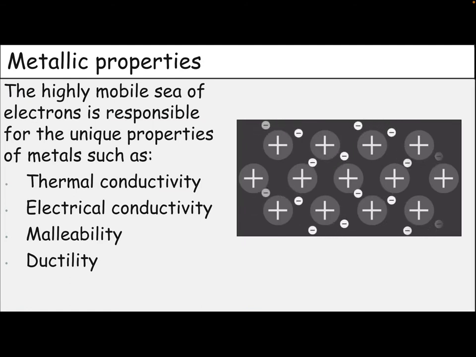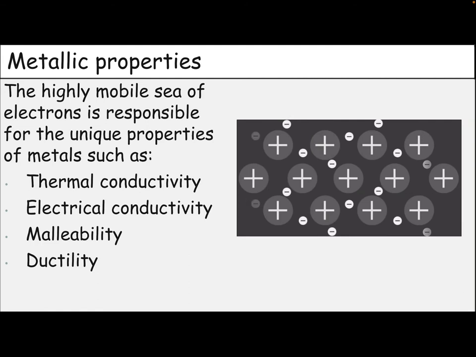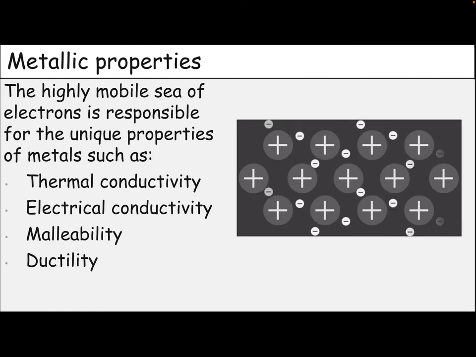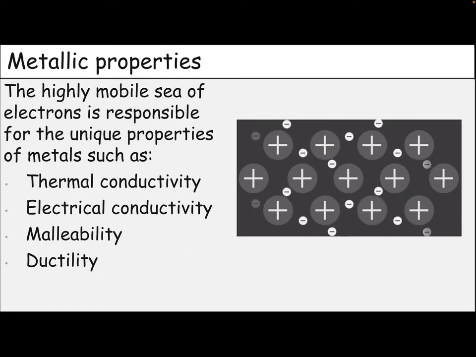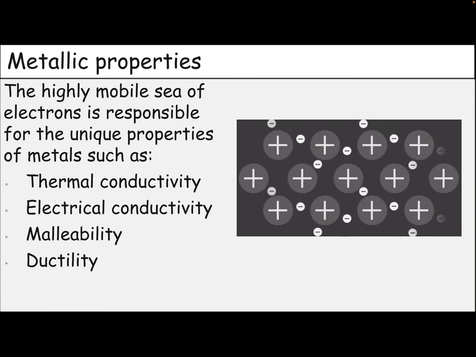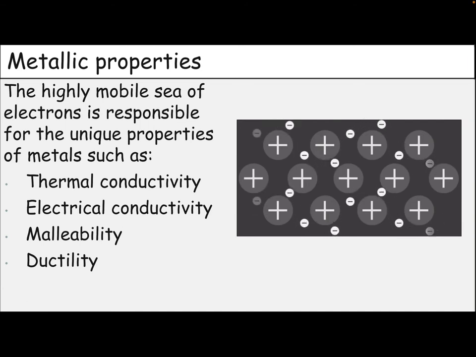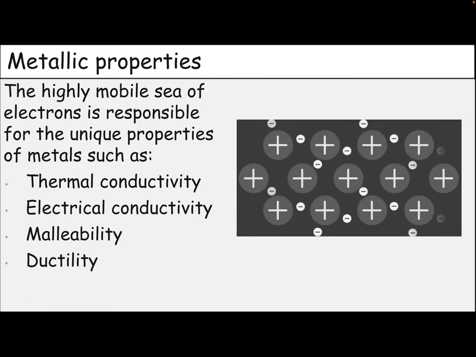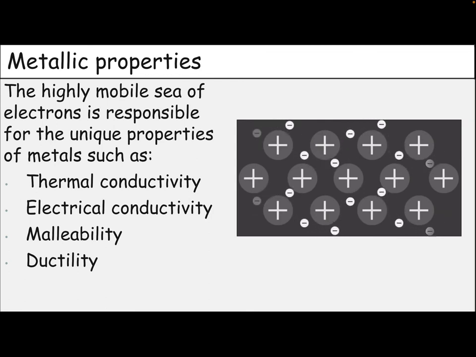So let's talk about metallic properties. The highly mobile sea of electrons is responsible for the unique properties of metals, such as thermal conductivity, electrical conductivity, malleability, and ductility.